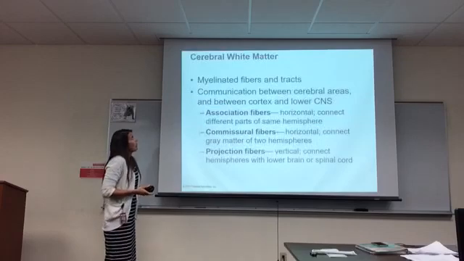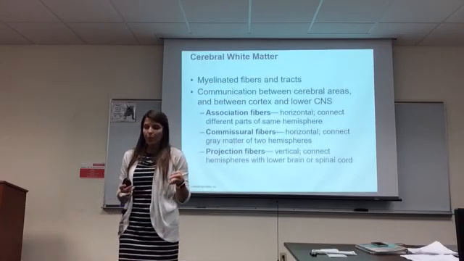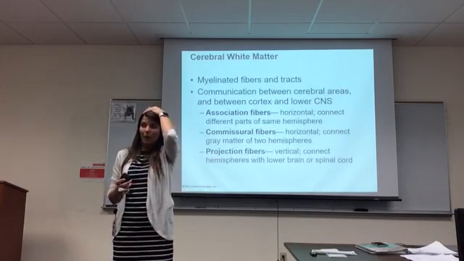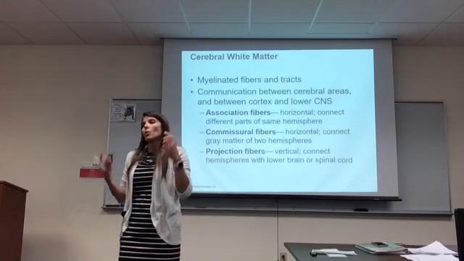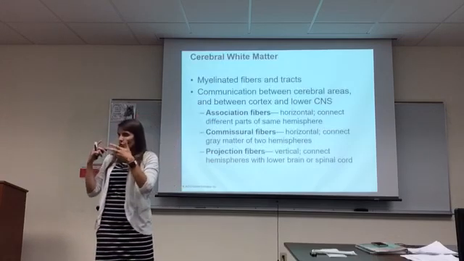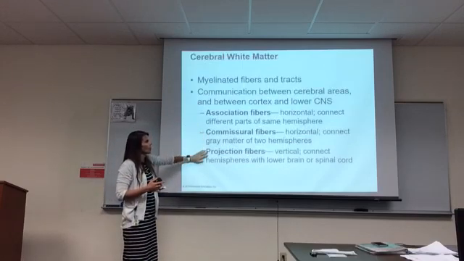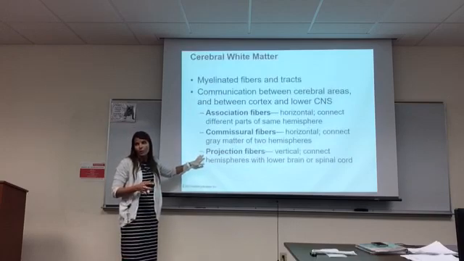Okay? Cerebral white matter. So if it's cerebral, where am I at? Up here. And if I'm white matter, where am I? Up here, towards the middle. Okay? So the cortex is the gray matter on the outside. The cerebral white matter can be divided up into association, commissural, and projection fibers. This is just an anatomical reference.